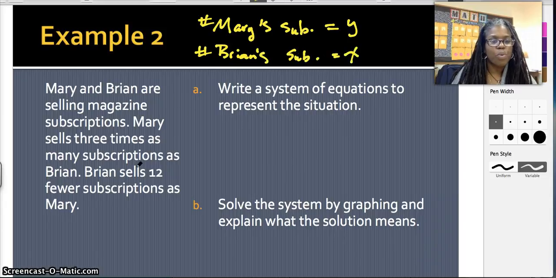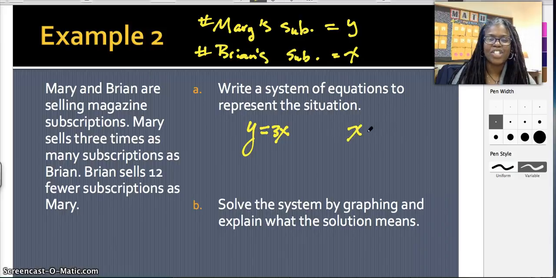All right, so we have two equations that they gave us here. The first thing is that the amount Mary sells is equal to 3 times as many as Brian. So what that means is Y is equal to 3X. And then the next is that Brian sells 12 fewer subscriptions than Mary.